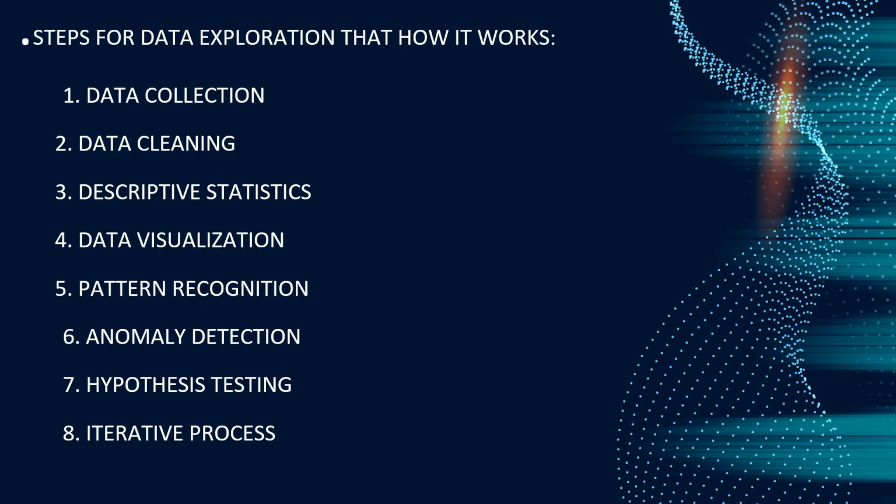Next is anomaly detection. Detecting anomalies or outliers is very essential. Unusual data points can signify errors, fraud, or significant market events. Data exploration helps in flagging and investigating these anomalies. Next is hypothesis testing.